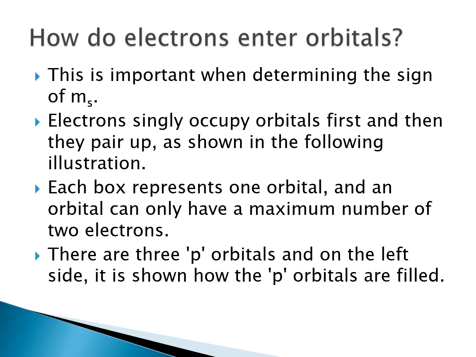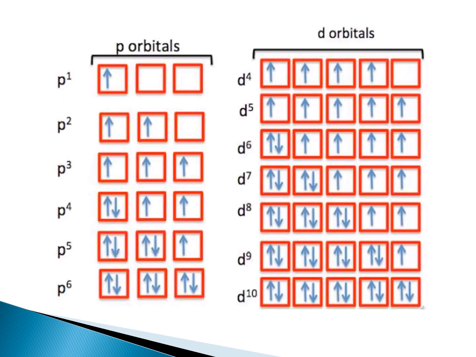Now we will discuss how electrons enter orbitals. Electrons will enter orbitals according to Hund's rule. First, electrons singly occupy orbitals and then they pair up. Here we will see how electrons enter orbitals.